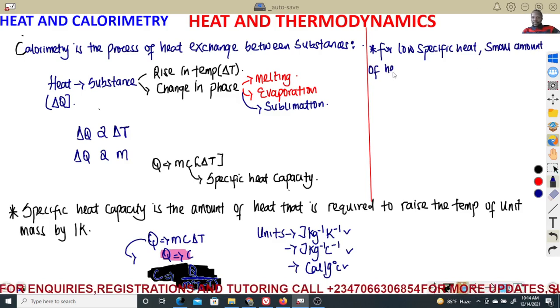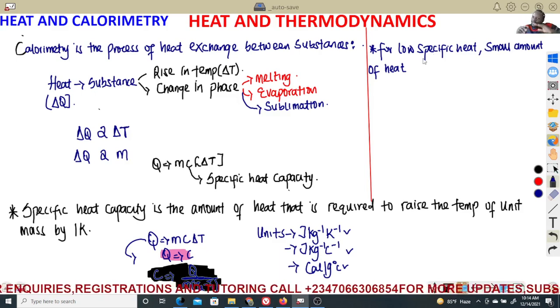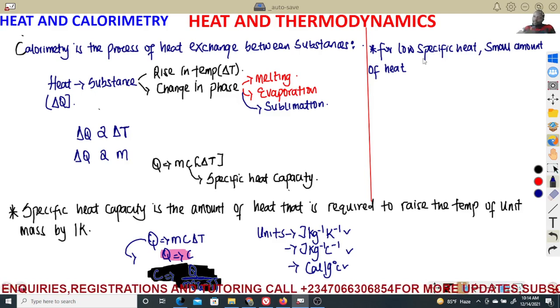You can see from here, in your mathematical interpretation, C is directly proportional to Q. So when the specific heat capacity is low, the amount of heat is also low.